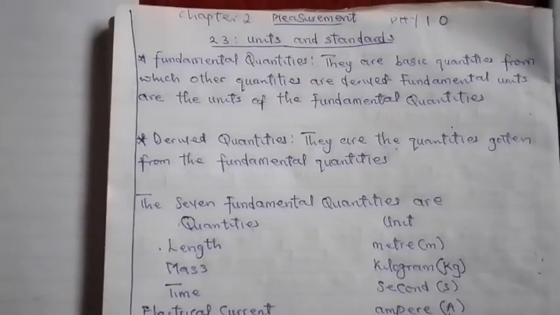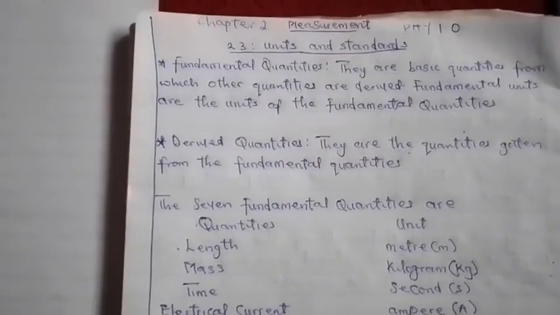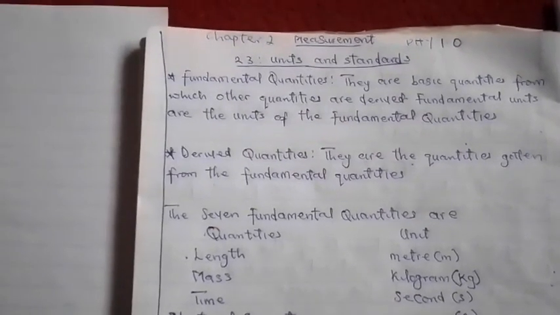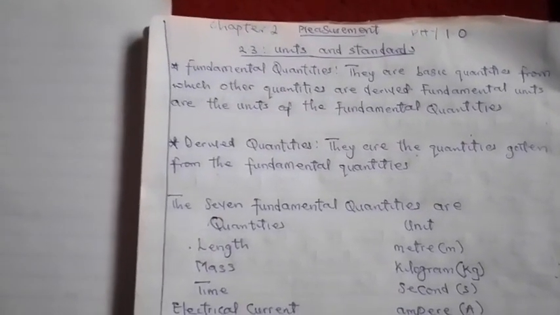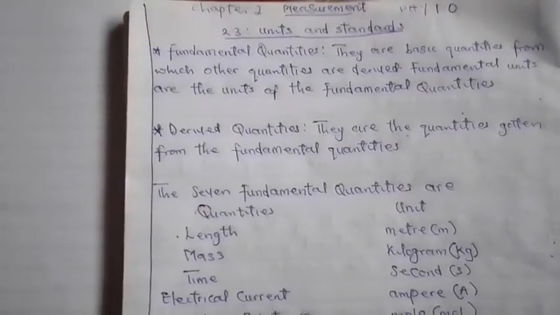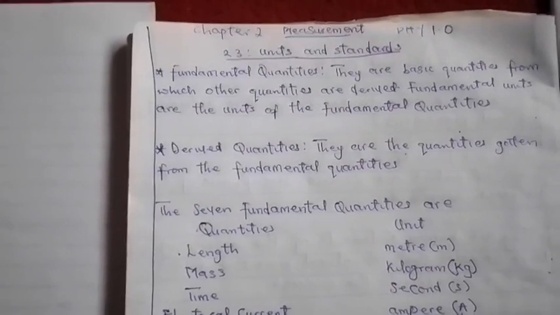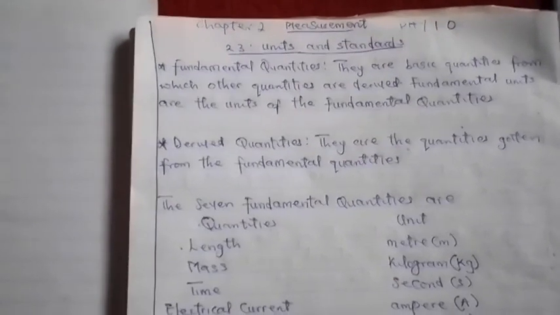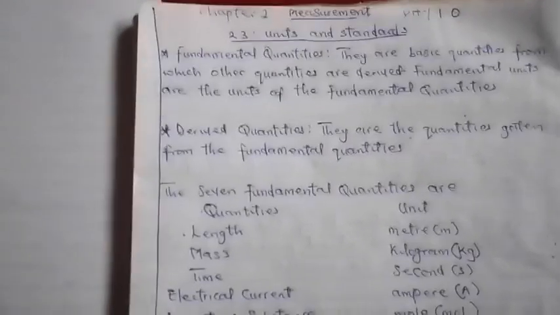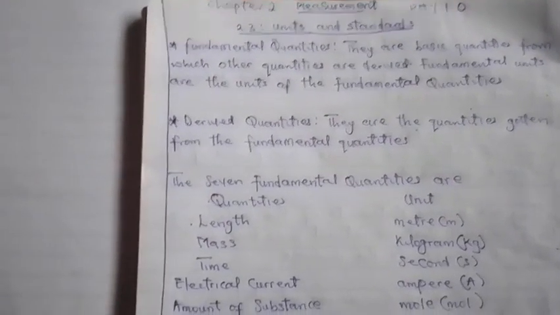They are basic quantities from which other quantities are derived. Fundamental quantities are the basic quantities of physics, and it is from these fundamental quantities that the other physical quantities are derived. And the units of the fundamental quantities are known as the fundamental units.